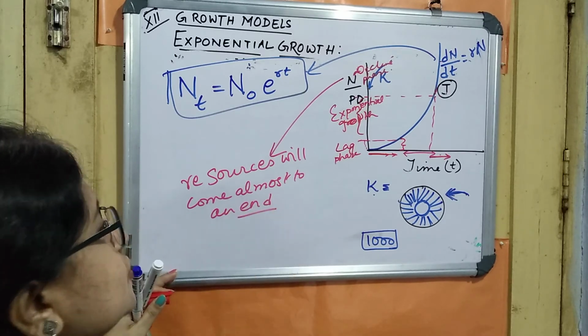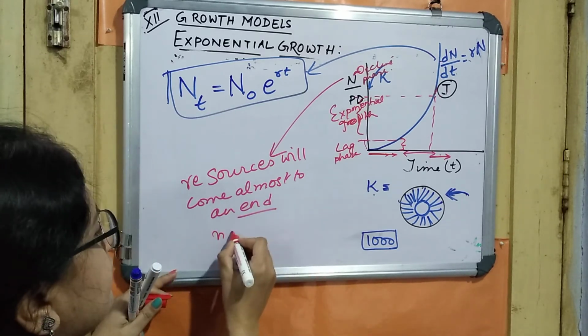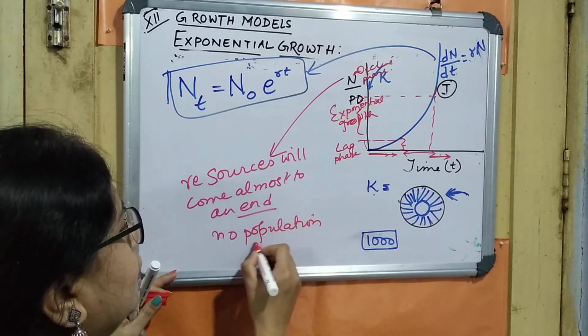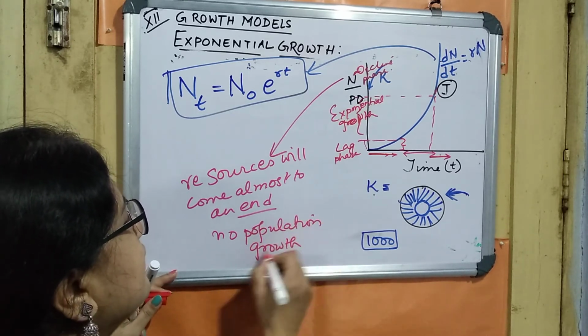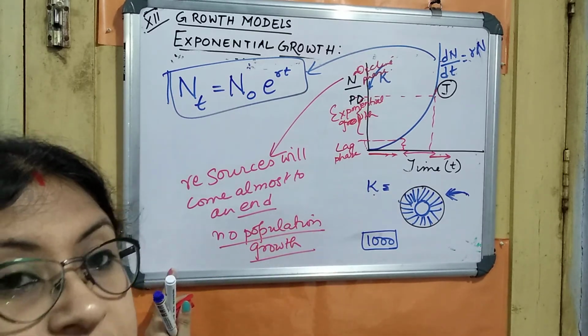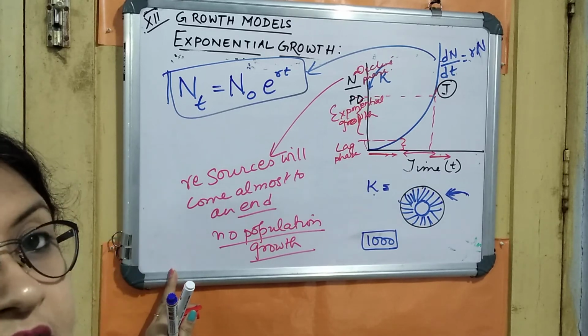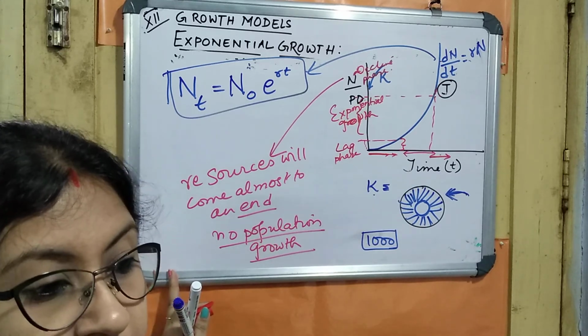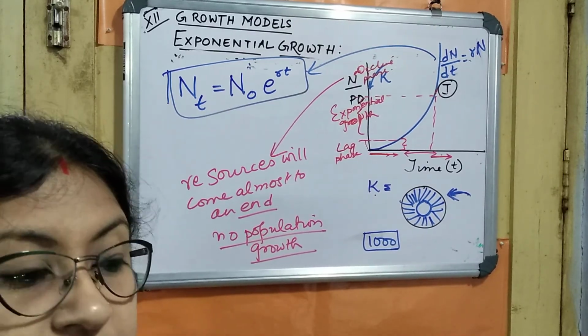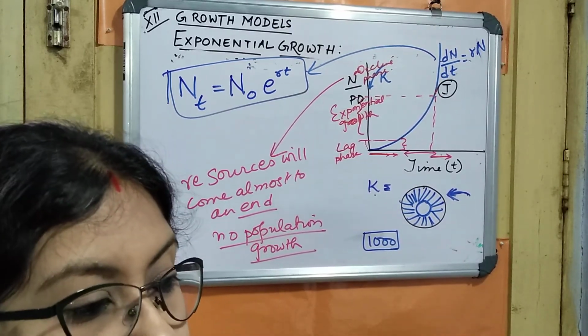So when it comes to an end, obviously there will be no population growth. Why? Because the organisms will be starving for food, starving for space. So that will lead to mortality, and this is actually what we call a population crash. So all of a sudden we will see the population crash taking place.